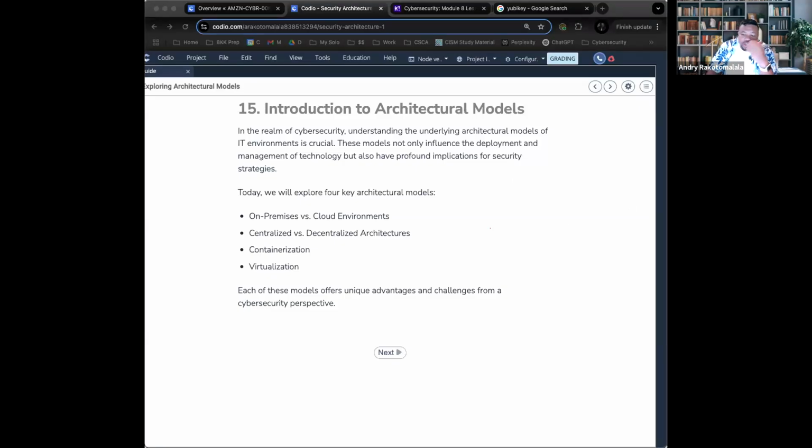Now we talked about on-prem and cloud. We'll talk about the different centralized versus decentralized architectures, and we'll dig into containers and virtualization a bit more. But at a high level, an architecture is like an approach that defines how the system or the application or the data or users interact.